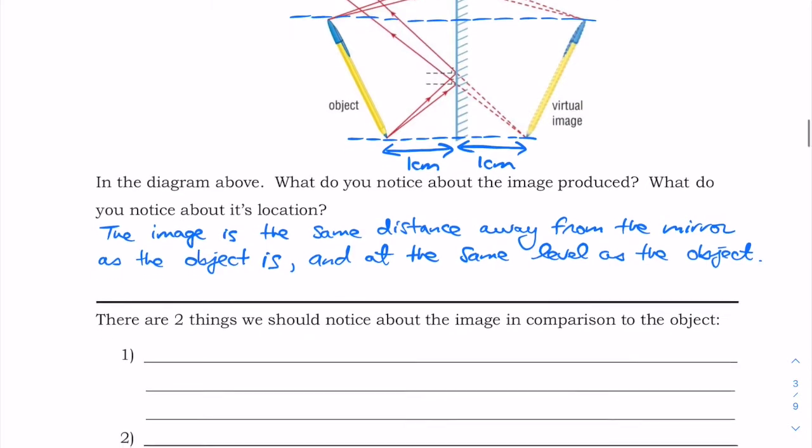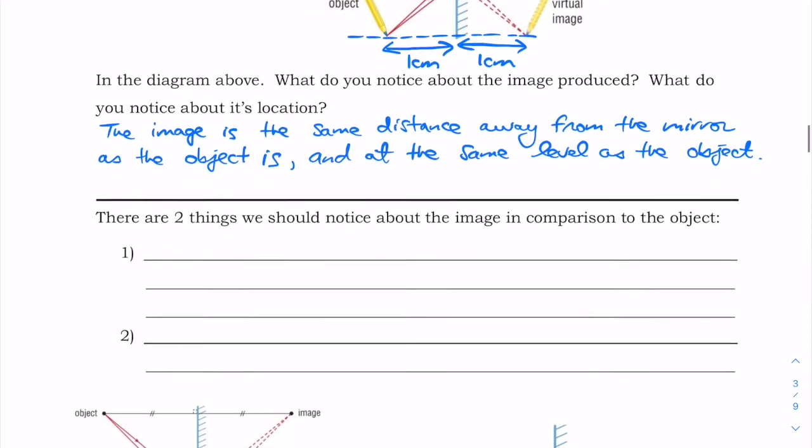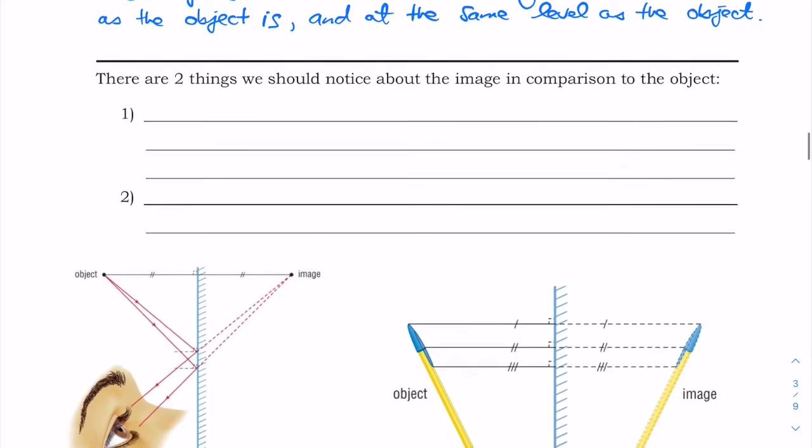Okay, so in comparing now the image to the object, we'll make a note of two things we should notice. The distance from the object to the mirror is exactly the same as the distance from the image to the mirror.